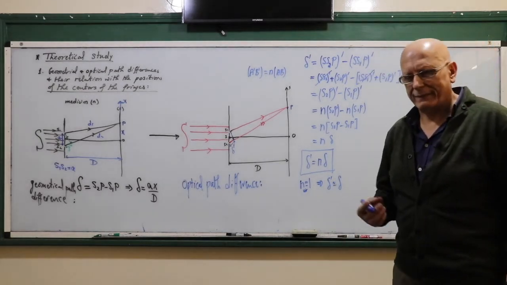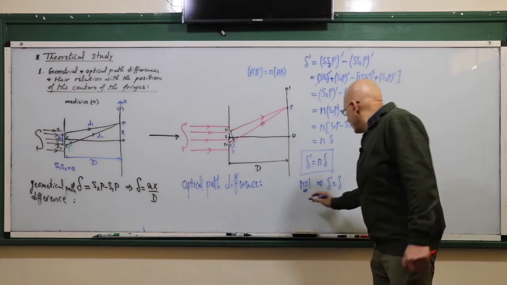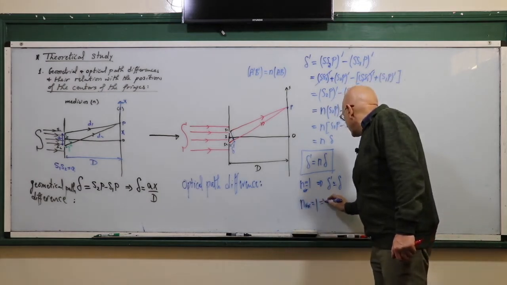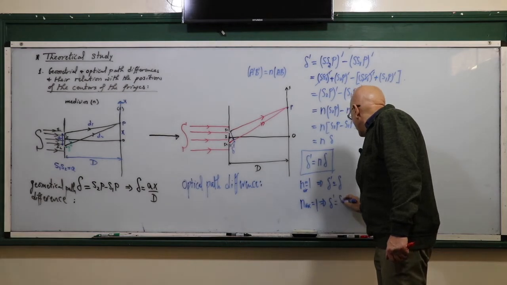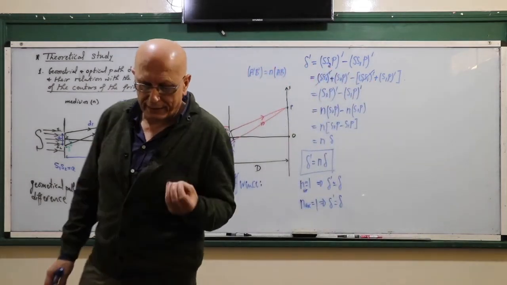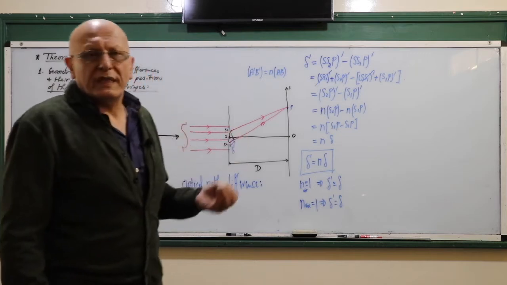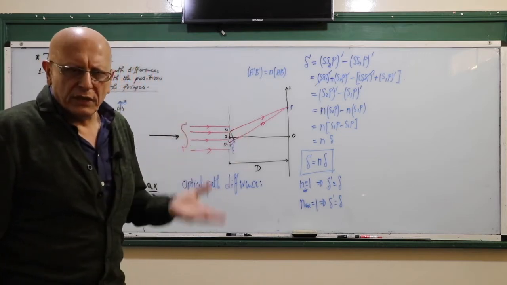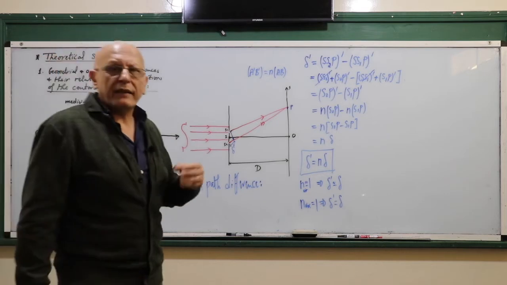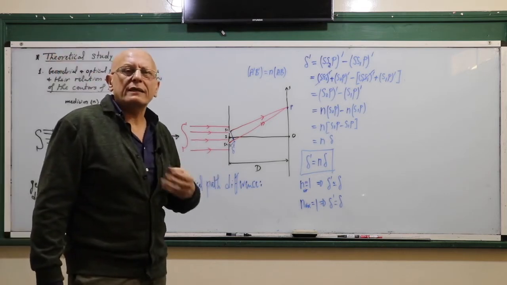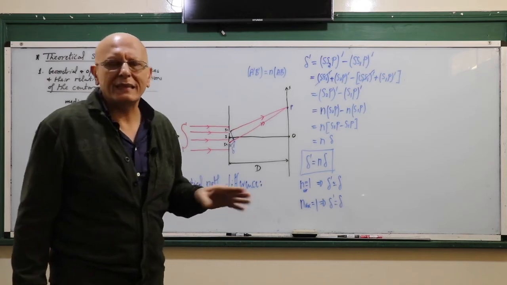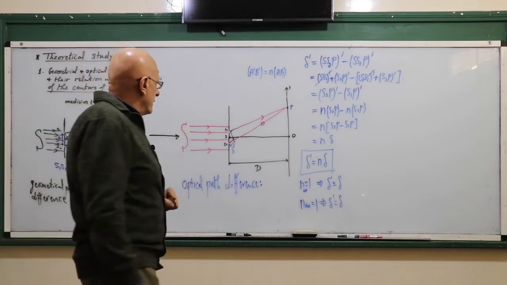Also in vacuum n is 1, so you get delta prime equal delta. So whether we are working in vacuum or in air, the geometrical path is the same as the optical path, and the optical path difference is the same as the geometrical path difference. They are the same. I can't distinguish between them, okay?